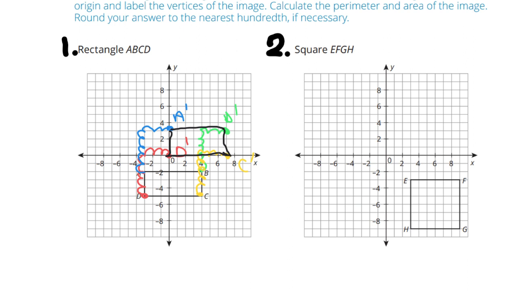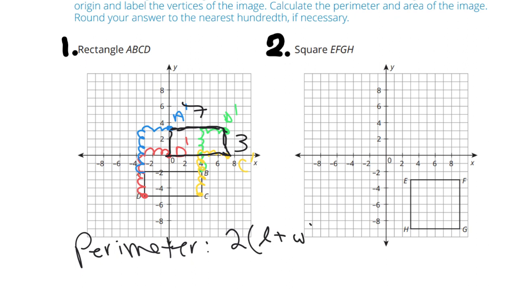So if I count these squares, 1, 2, 3, 4, 5, 6, 7. So this is 7. And this is 1, 2, 3. This is 3. So they asked us to find the perimeter. So the perimeter of a rectangle is 2 times the length plus the width.